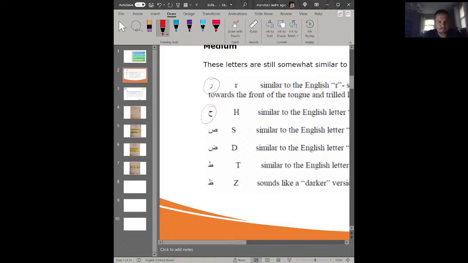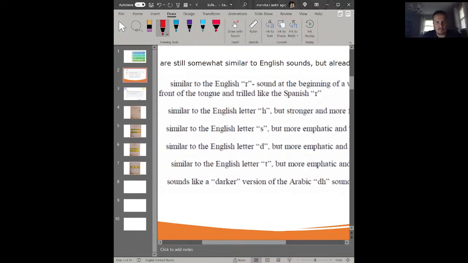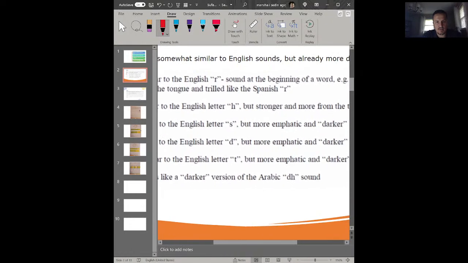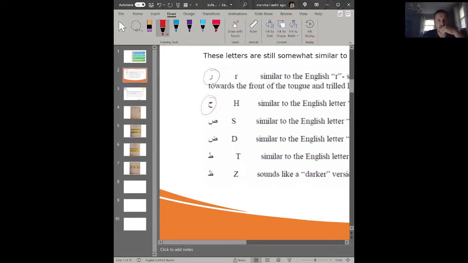Sod, it is a little bit similar to S, but more emphatic and darker. So I would call this letter a hard sound S. It's not like S. You try to make your lips a little bit circular and put your tongue at the top and say S. That's sod.